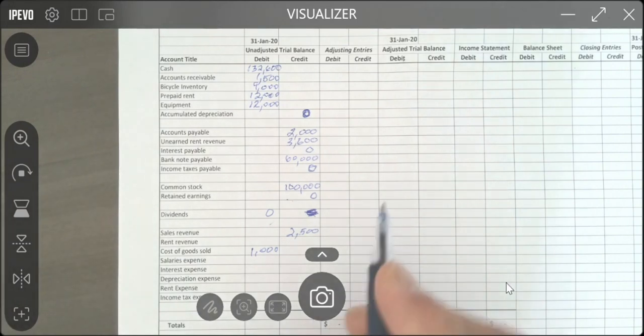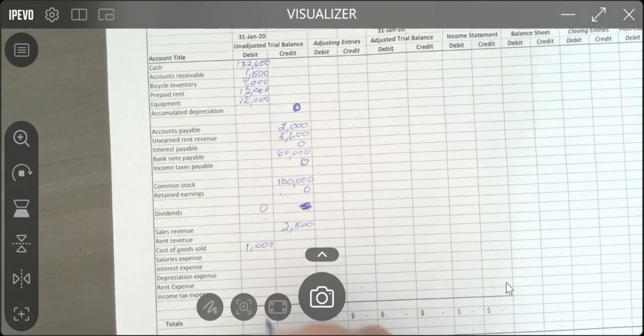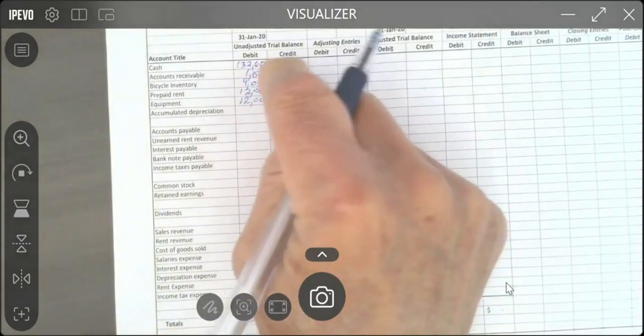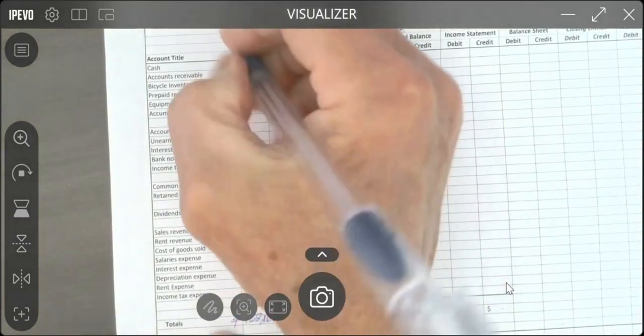And if you add that column up, the total debits are 168,100. Pause the video and make sure that you agree that that is the sum of these values.